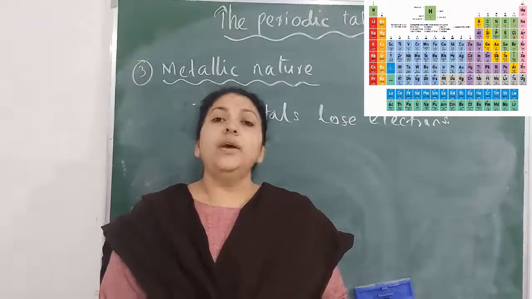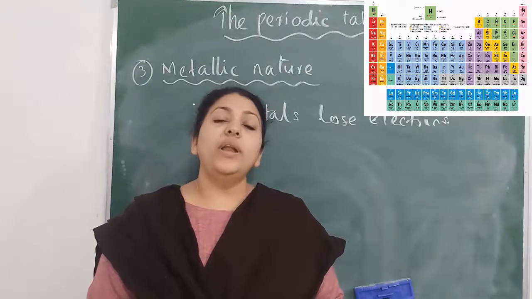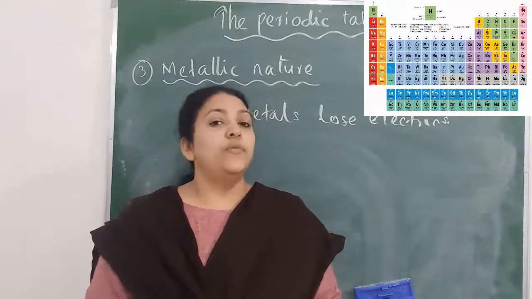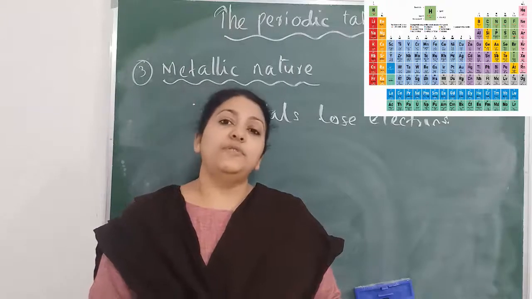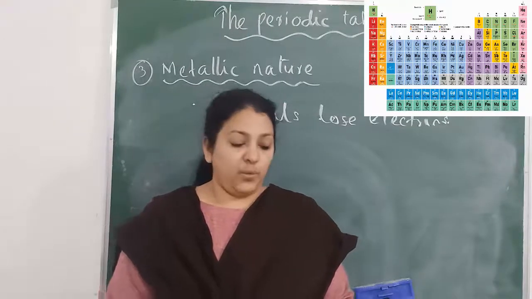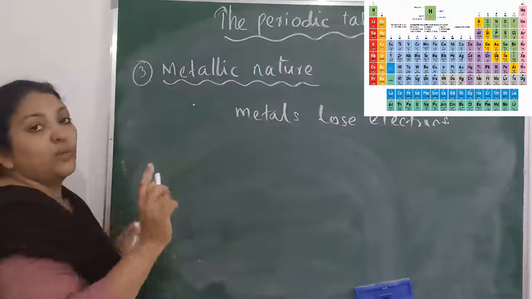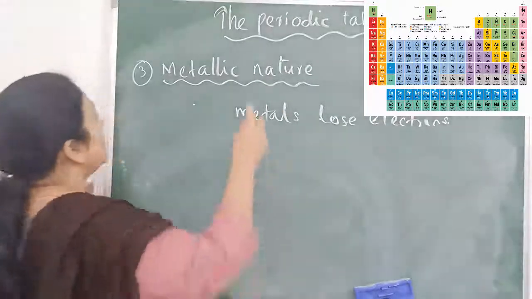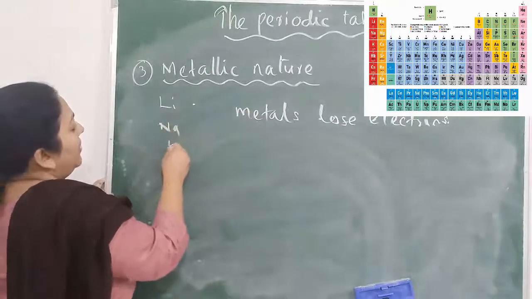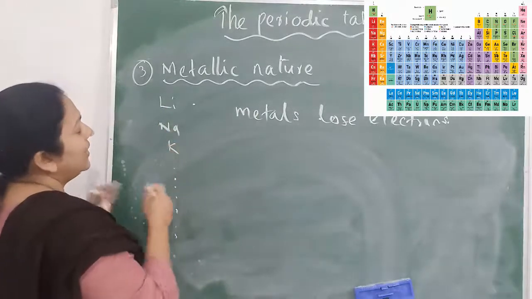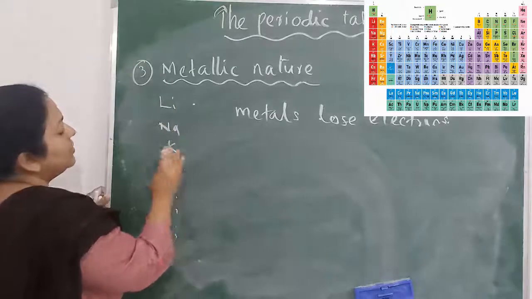Okay. Now let us analyze what happens to metallic character when we move from top to bottom in a group. Let's take one group for example. I'll take the first group: lithium, sodium, potassium, rubidium, etc. I'll take lithium, sodium and potassium.